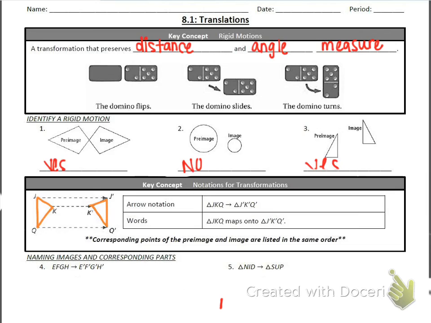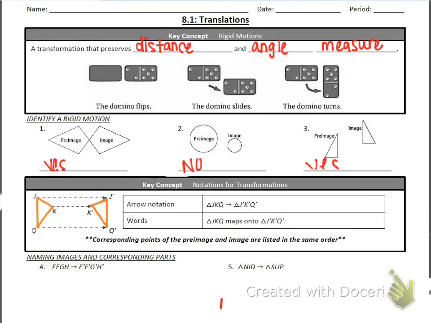When we perform a transformation, there are two ways that you can note it. So in this triangle, I have triangle JKQ, and then they flipped it and they renamed it J with a little apostrophe, which in math we call prime. So this is J prime, K prime, Q prime.